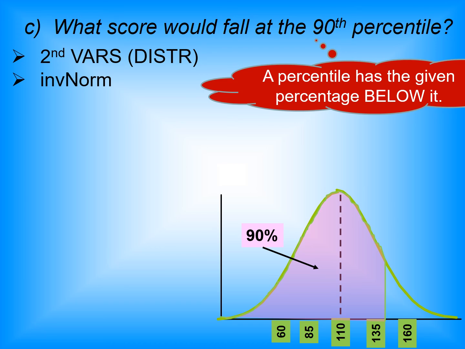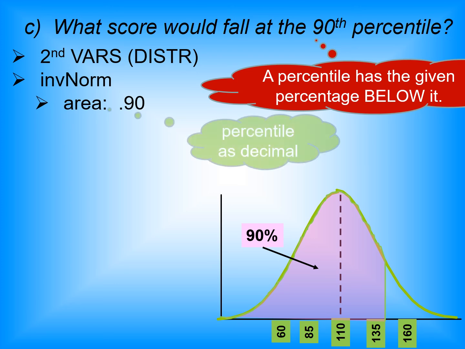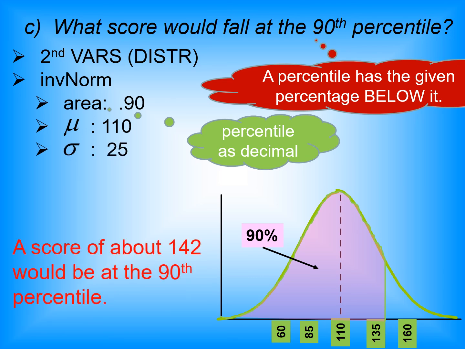This is where we're going to go if we're given the decimal that correlates to the area. We write it as a decimal, 0.90. Go ahead and put in the mean and the standard deviation. Voila, hit enter. It shows you a score of about 142 would be at the 90th percentile.